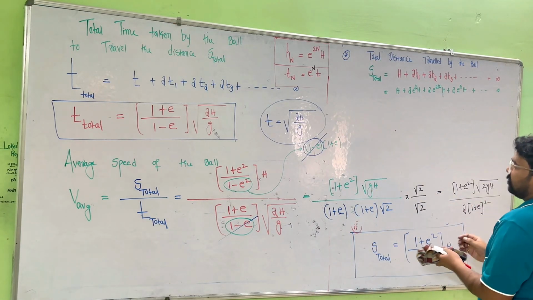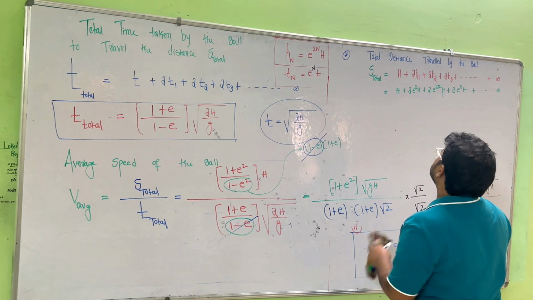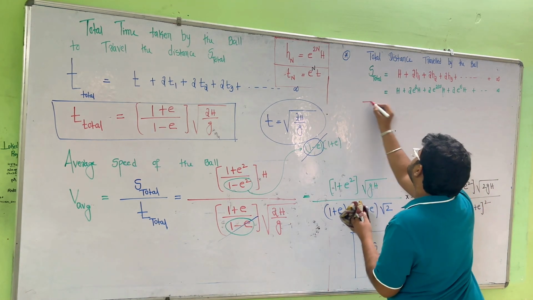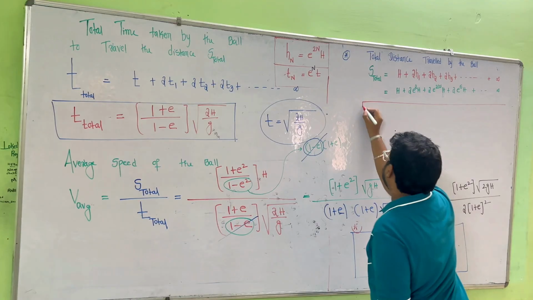Understood? Finally, what is the average speed of this ball?